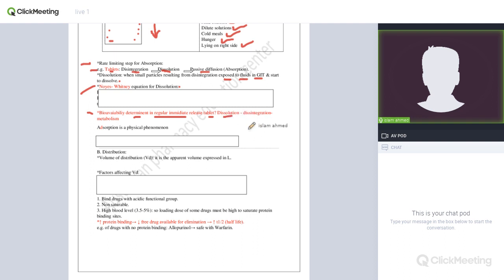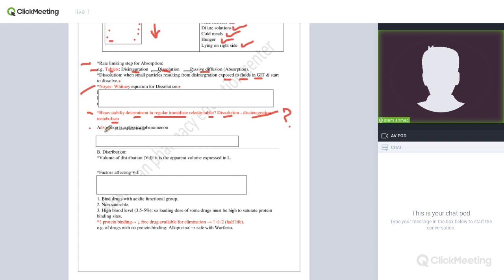We have dissolution, disintegration, metabolism, and we have mentioned that the rate limiting step is the slowest process, which would be the determinant for the absorption process and the bioavailability of the drug.